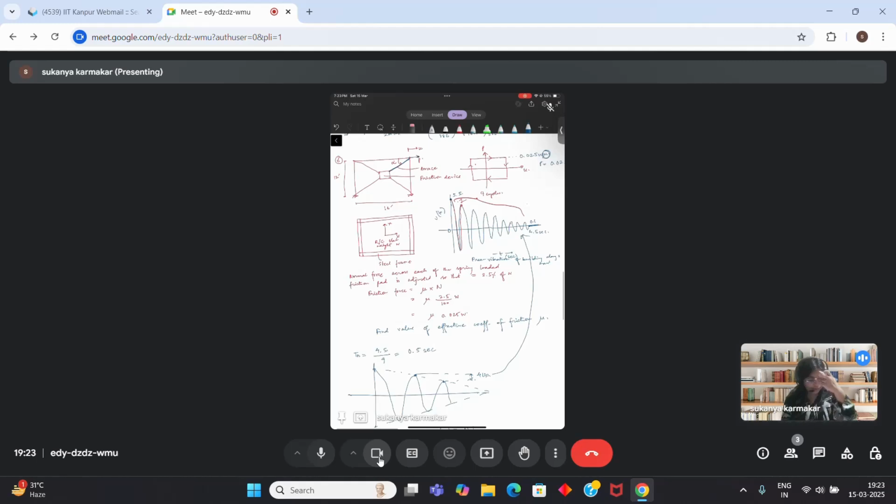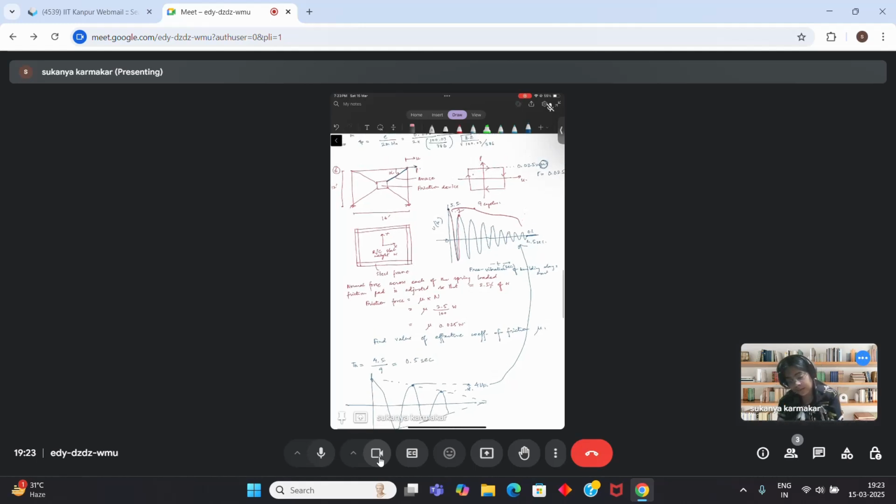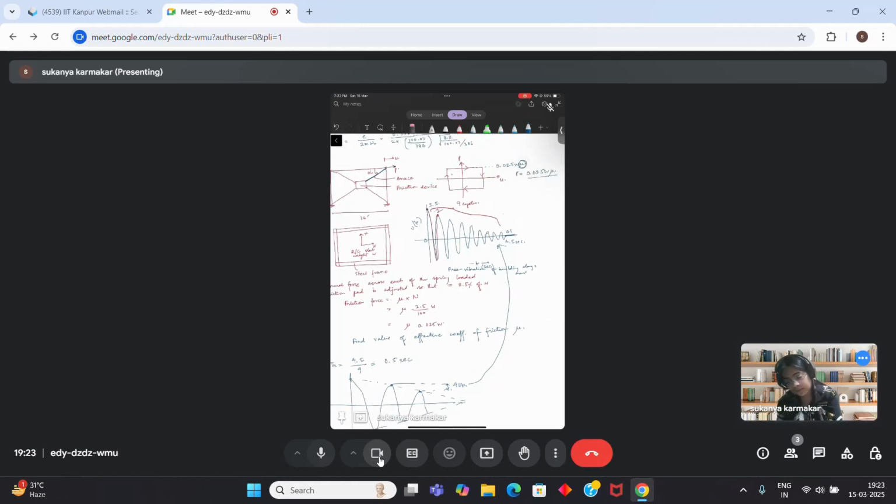You know the value of P, right? The friction force along each brace is known.